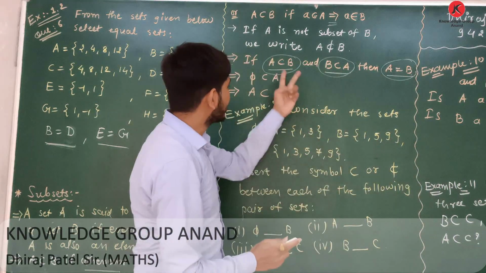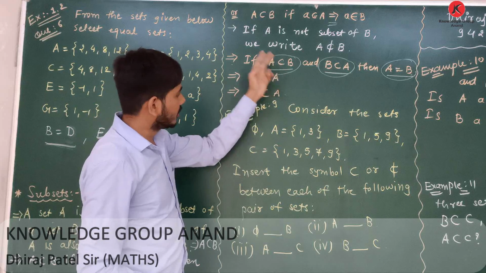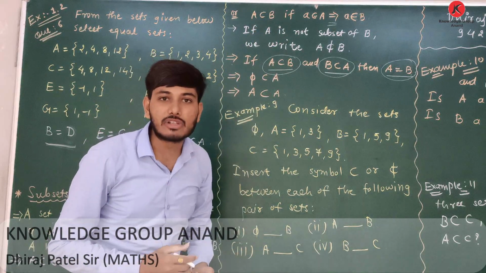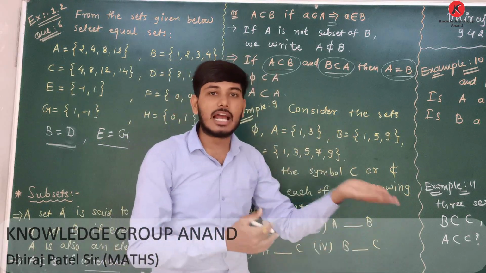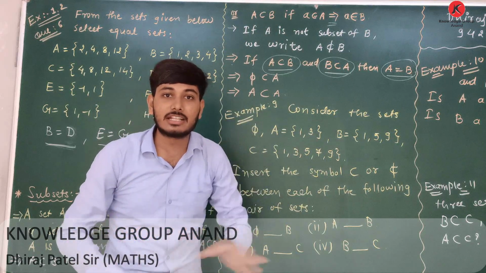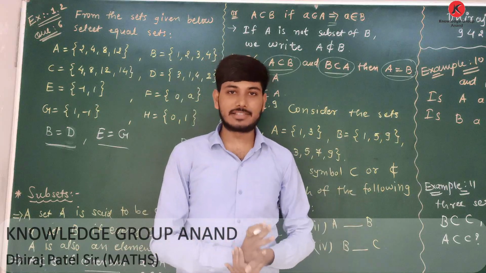Or in statement form, if all the elements of set A are in set B as well as all the elements of set B are in set A, then they are equal sets.